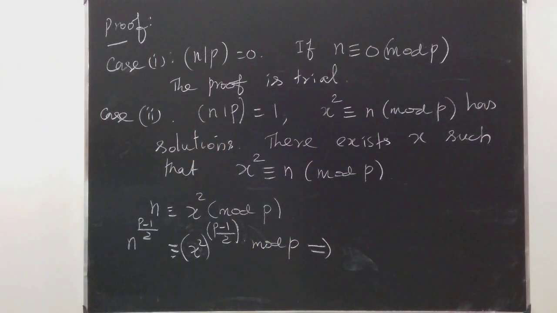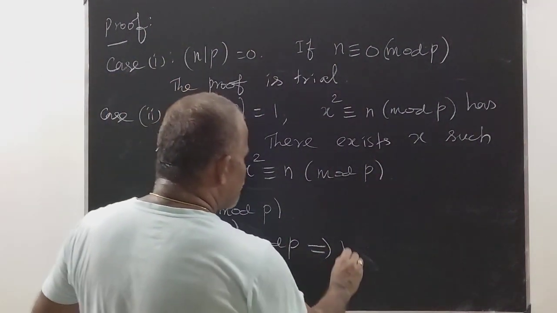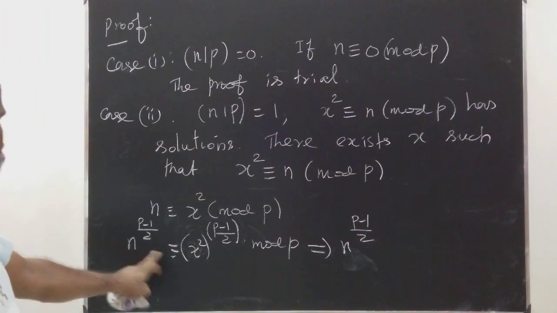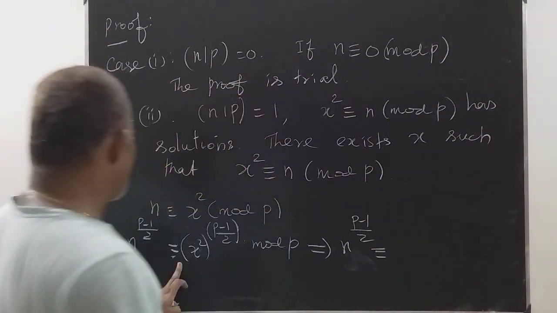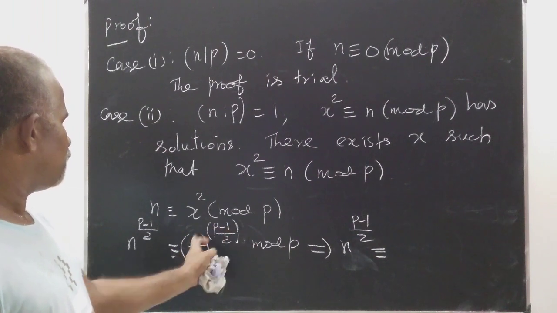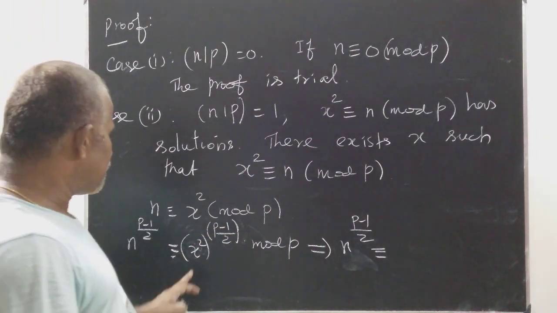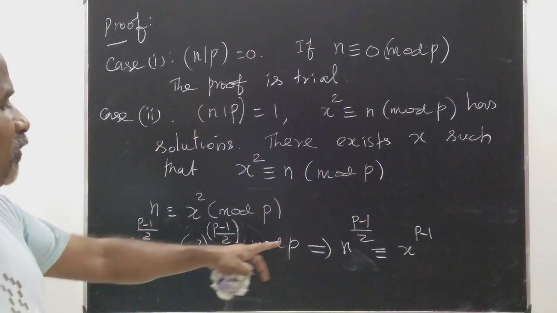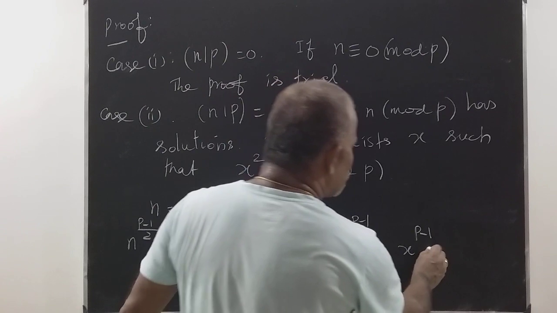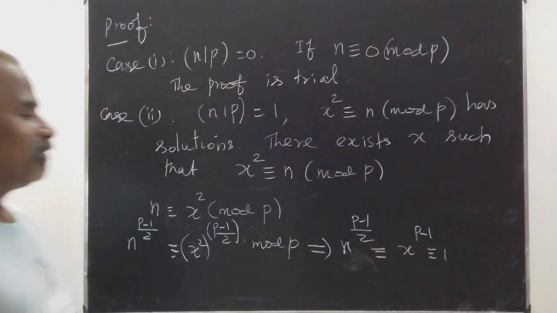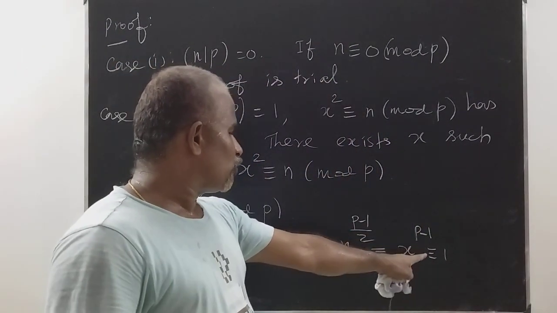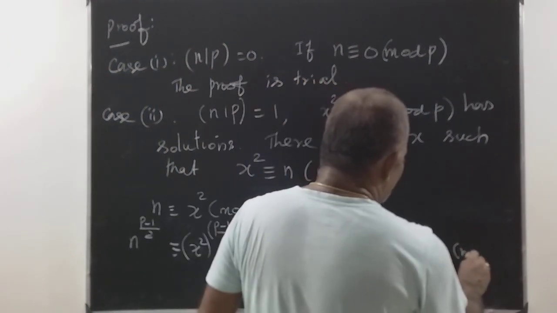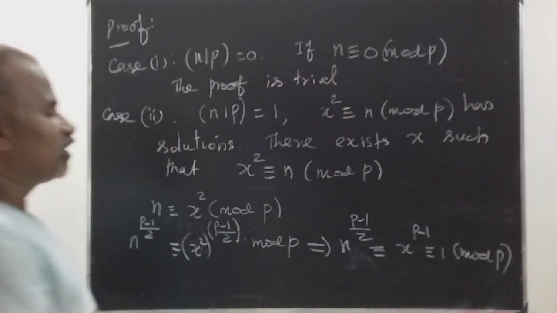This implies n^((p-1)/2) is congruent to, so when you multiply the power, the 2 will be cancelled, so x^(p-1). x^(p-1) is always congruent to 1 mod p by little Fermat's theorem.